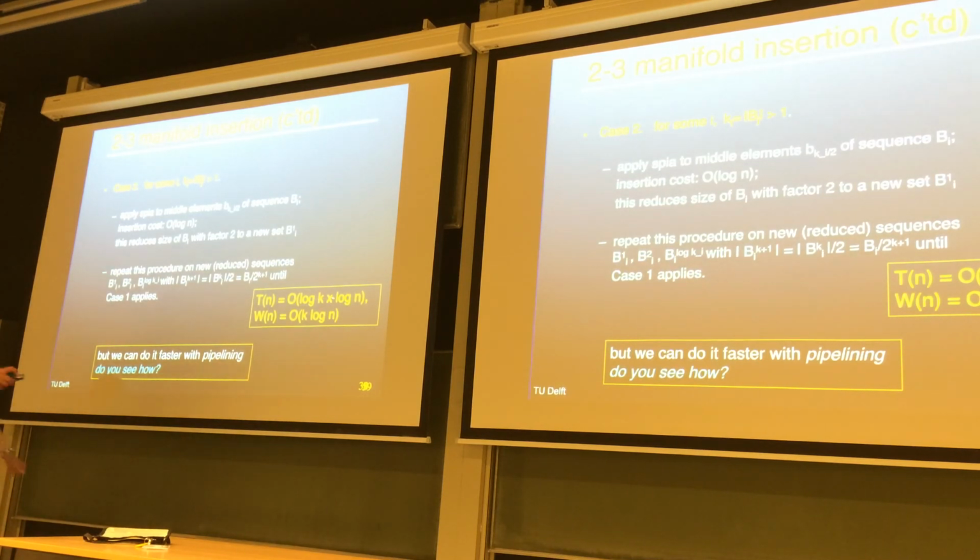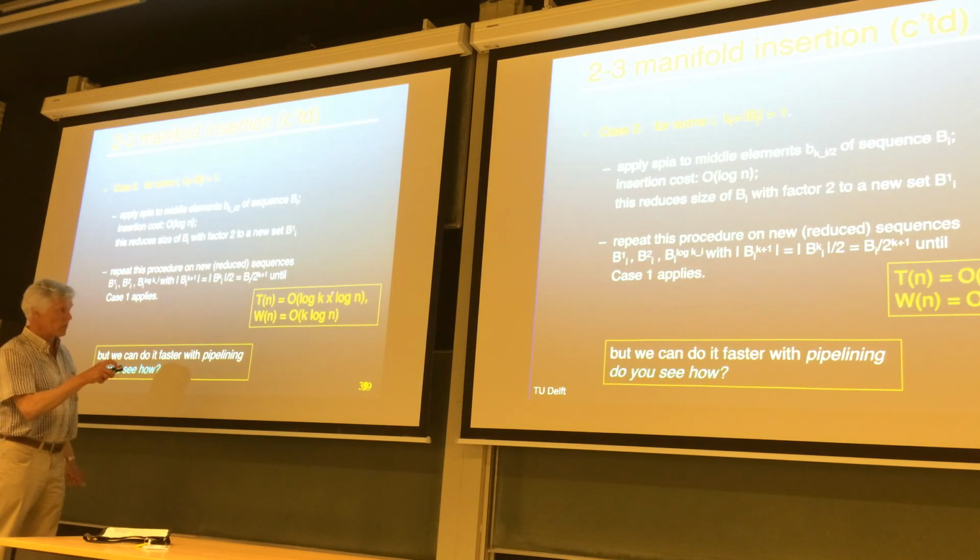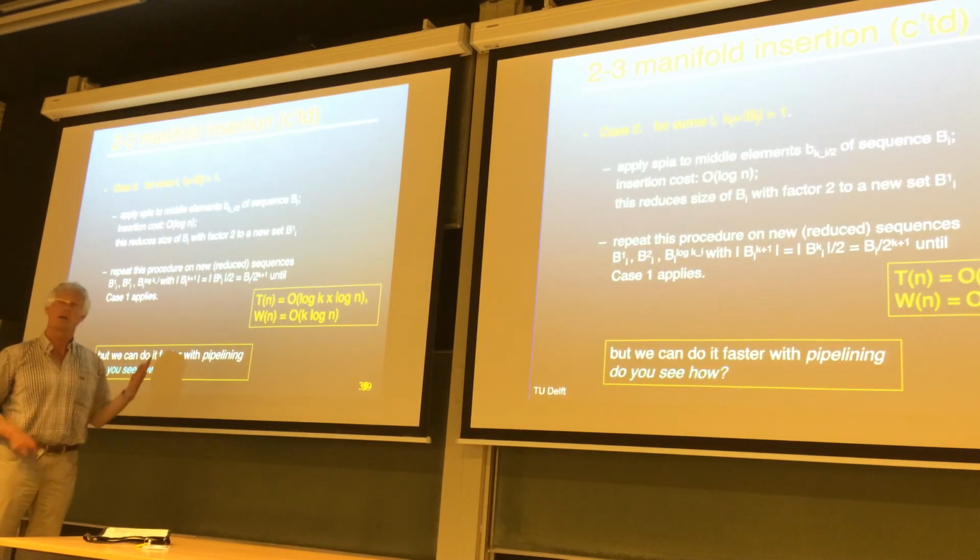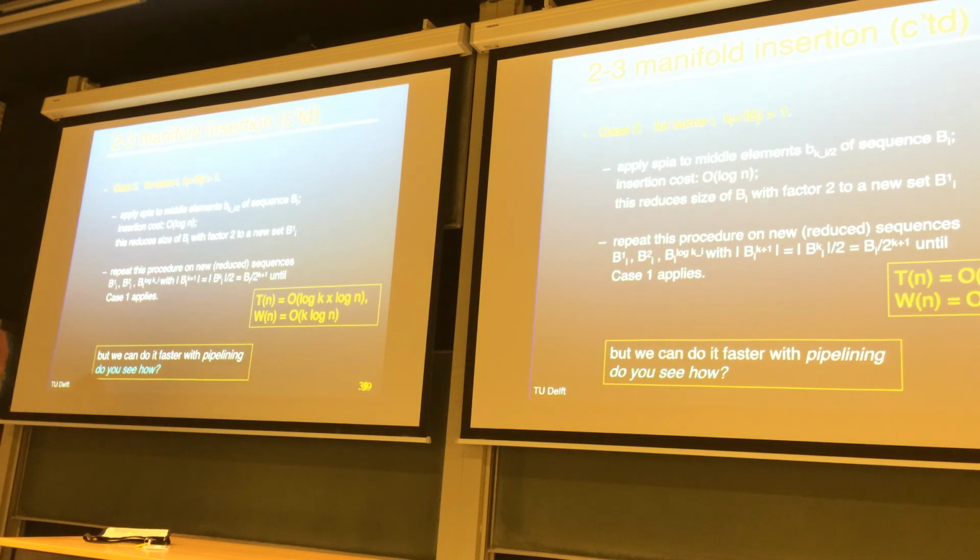Pipelining gives you an opportunity to replace multiplication by addition. Multiplication, meaning log k times log n, can be replaced by log k plus log n. Log n was the number of subtasks. Here, k is the number of subtasks.